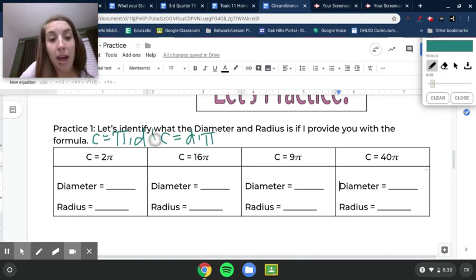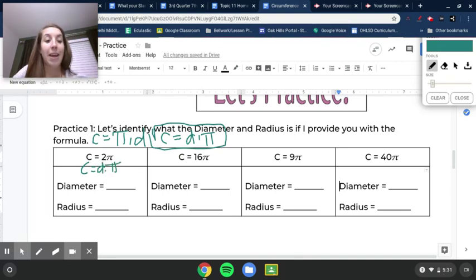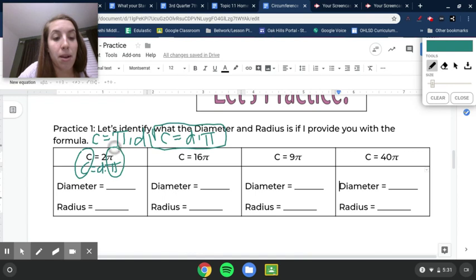The second way I wrote it is actually going to help me figure out the information that they want. So if I write this right underneath here, circumference is equal to the diameter times pi. If you look, there's a lot of similar information here. The c's are the same and the pi's are the same, which means the only thing left is the diameter. So guess what the diameter is, guys?